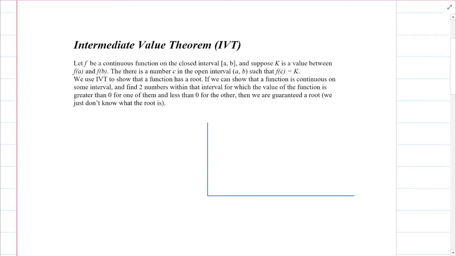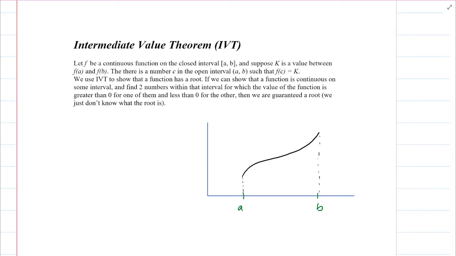Assume that you have a nice and continuous function. By continuous, we mean there is no jump, there is no hole, there is no discontinuity, there's no vertical asymptote on an interval. So let's say this is a and this is b, and our function is nice and continuous on that interval, between a and b.